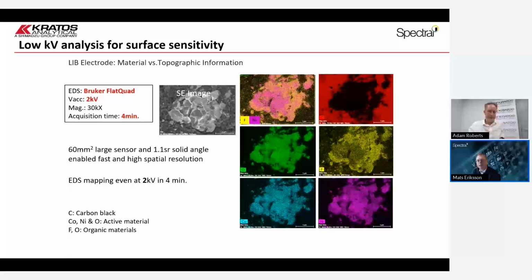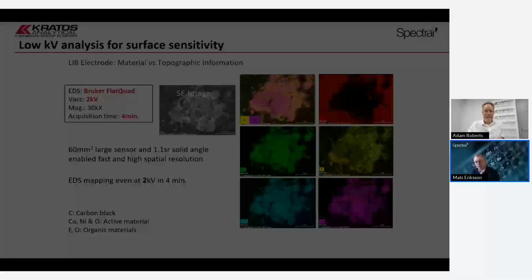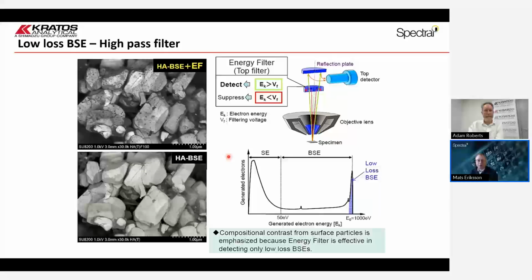In the 2 kV image in the center, we don't see contrast from the different grains anymore, but in the maps we can see a certain variation in specifically fluorine distribution on that surface.